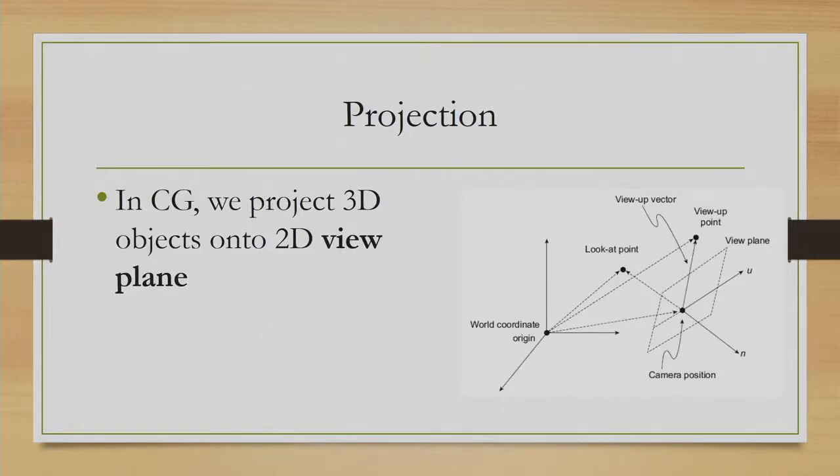So, let us try to understand the basic setting. So, we have this world coordinate system where the scene is described. Now, we are looking at the scene through the viewing mechanism provided in the camera, and then we are taking a snapshot.